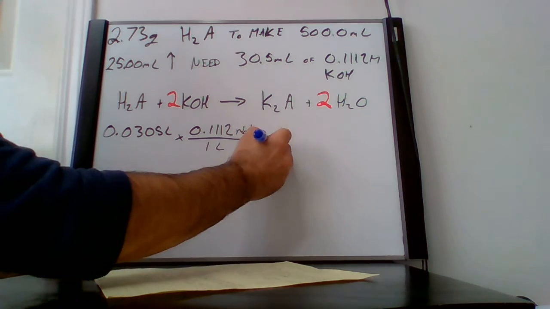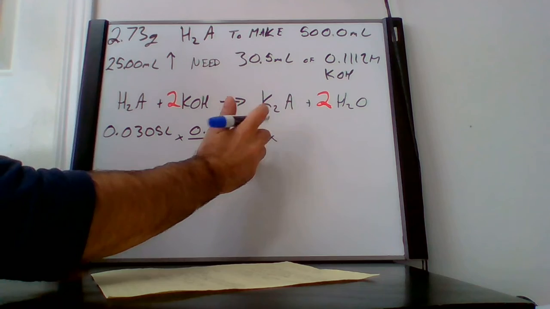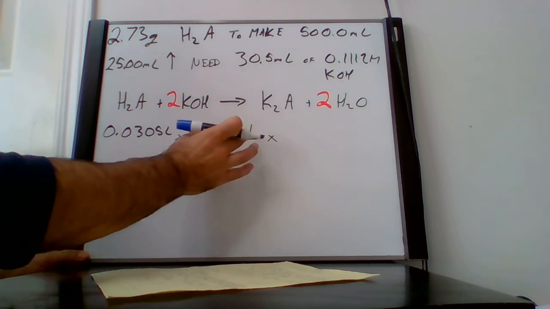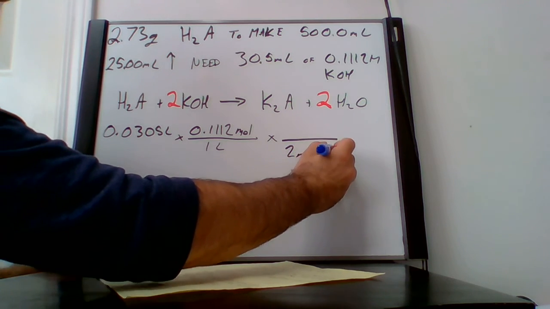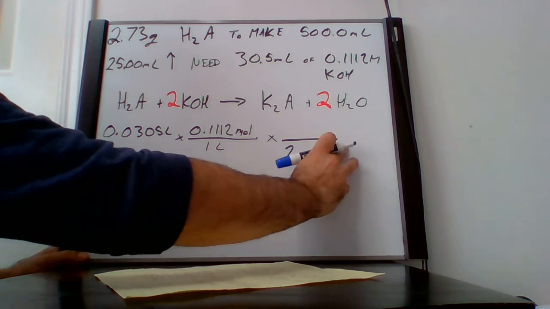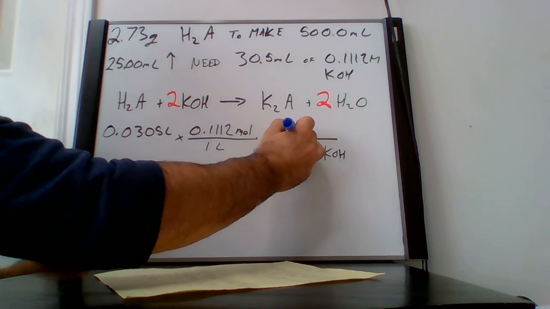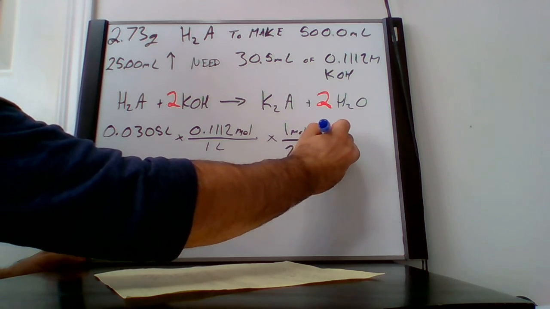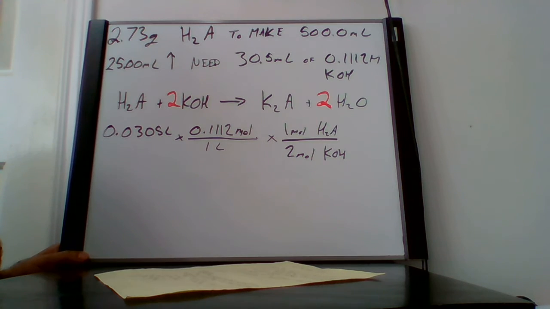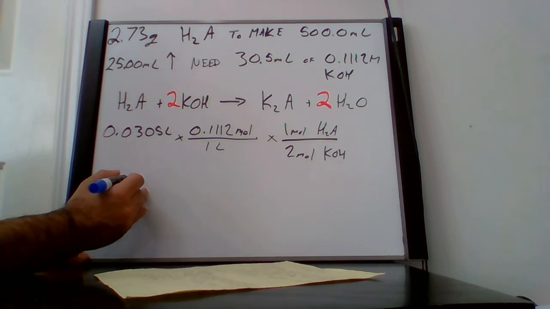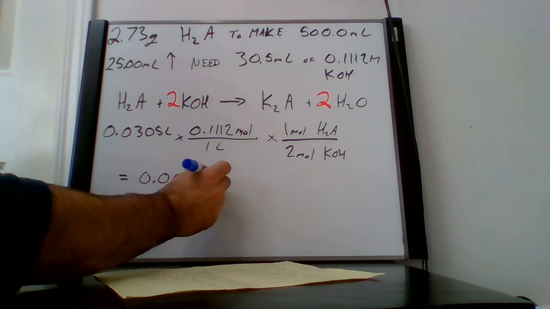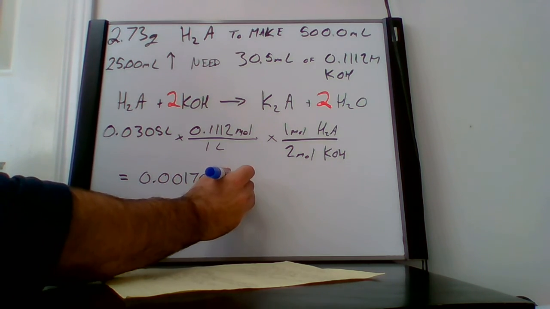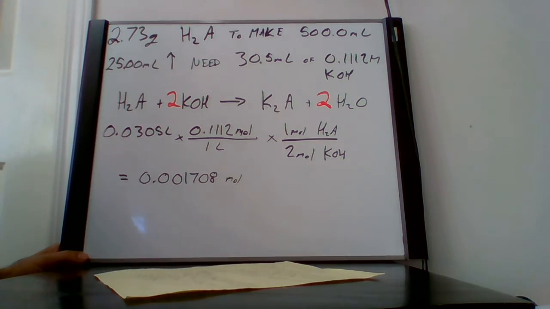Then we're going to multiply that by our molar ratio. Right now I am in moles of potassium hydroxide, so I need to put my 2 moles of KOH in the bottom, and that leaves me with my 1 mole of my diprotic acid on top. Plugging all this in, this gives me 0.001708 moles of the diprotic acid in this 25 milliliters.